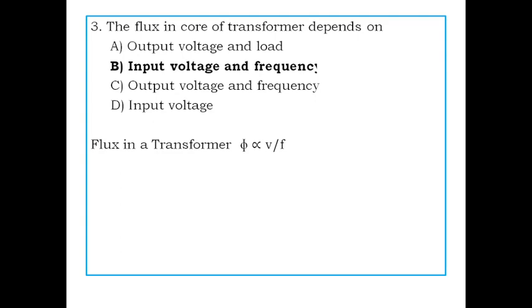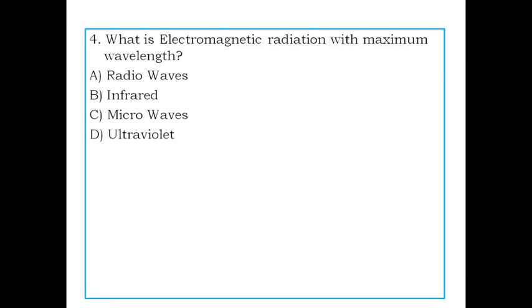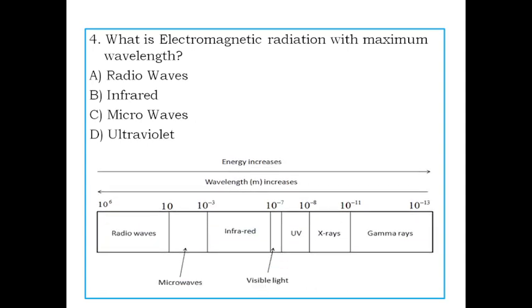Now let's move on to another question. What is electromagnetic radiation with maximum wavelength? For this, let us have this picture here. You can see the maximum wavelength is that of radio waves. Gamma rays have very low wavelength.